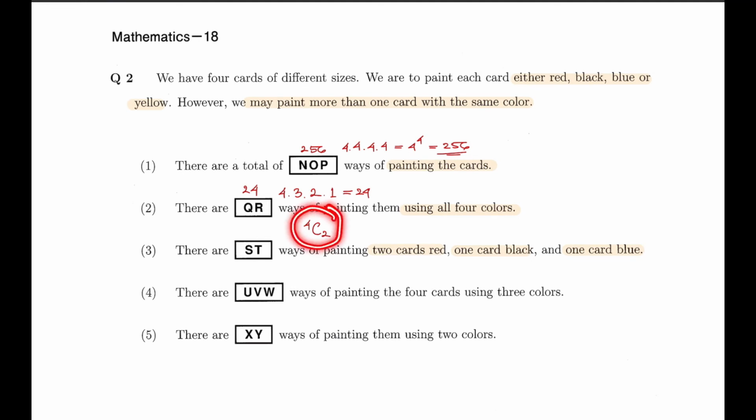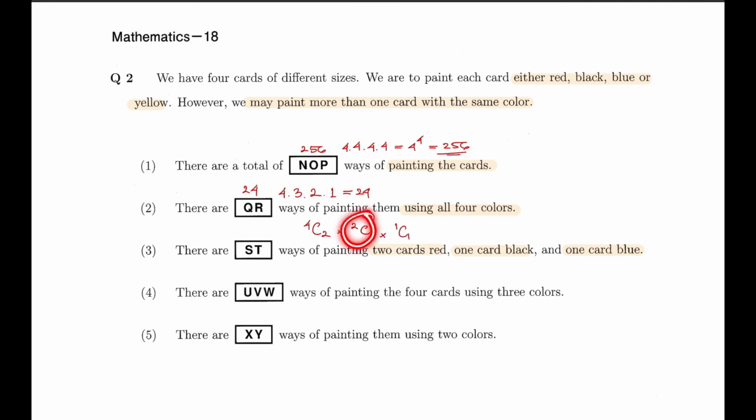After 4C2, we only have 2 cards left. From those 2 cards left, I will choose 1 and use the black color. So 4C2 times 2C1, and then the last one is 1C1.